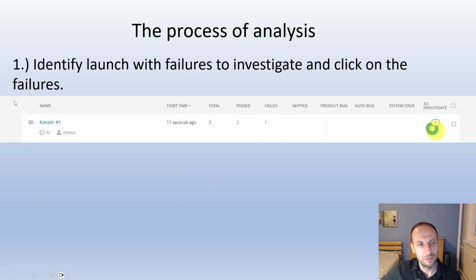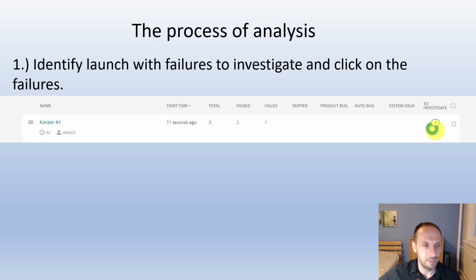So the first step in Report Portal: we need to identify a launch with failures to investigate. A launch is like a Jenkins job, so basically each Jenkins job has its own launch in Report Portal.